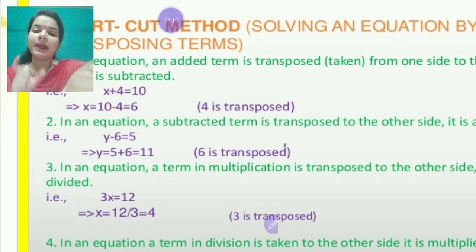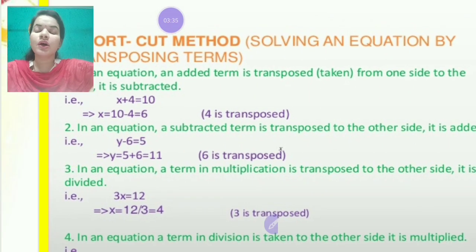So if you take this plus 4 to the other side, that is to the right hand side, it will become minus 4. An added term will become subtraction. So it will be x equals 10 minus 4, that will give you 6. Here you can see 4 is transposed from one side to the other.